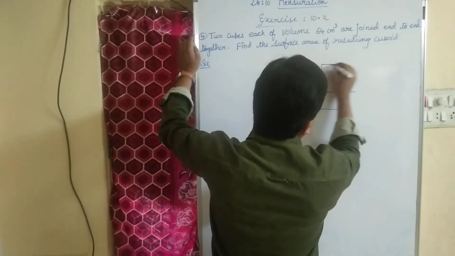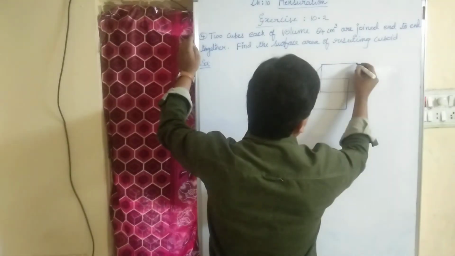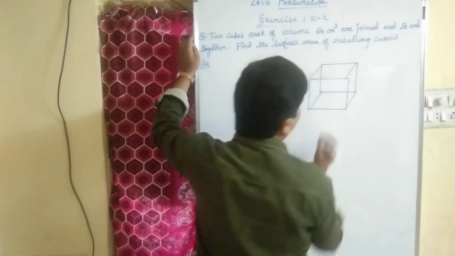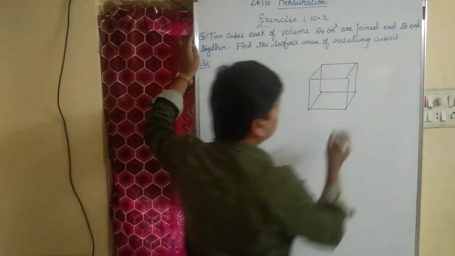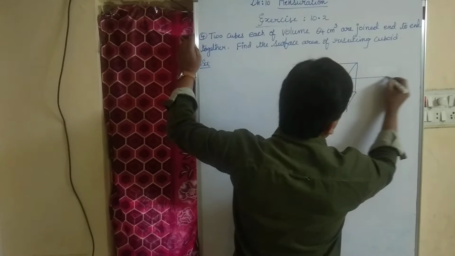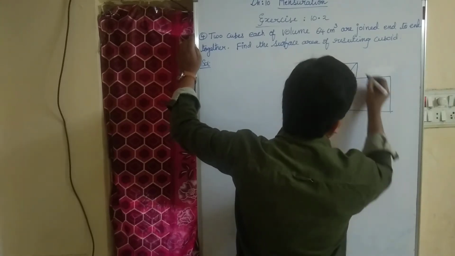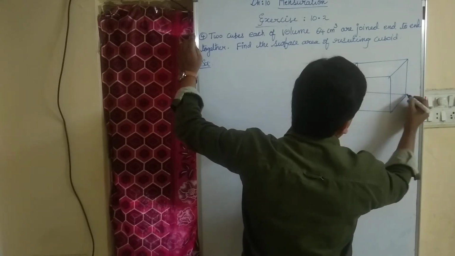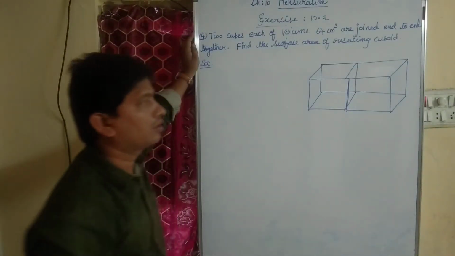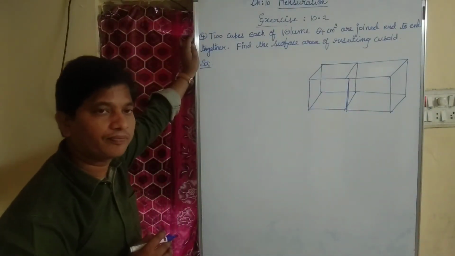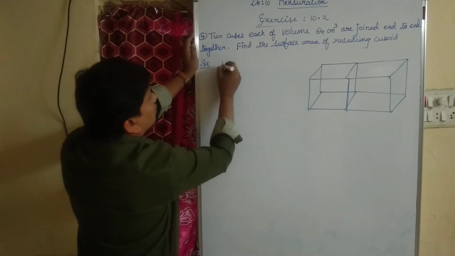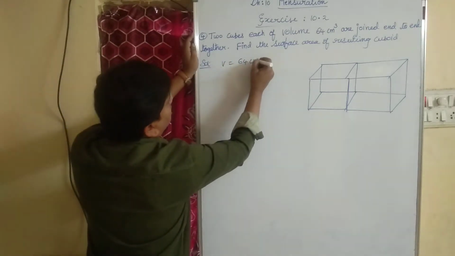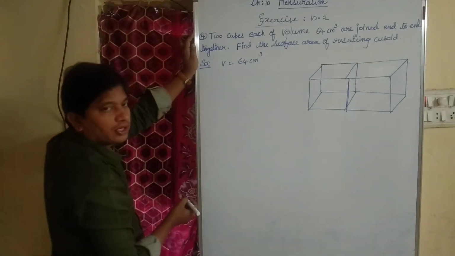This is one cube, another cube. They join two cubes, each of volume how much? Volume equal to 64 cubic centimeter.